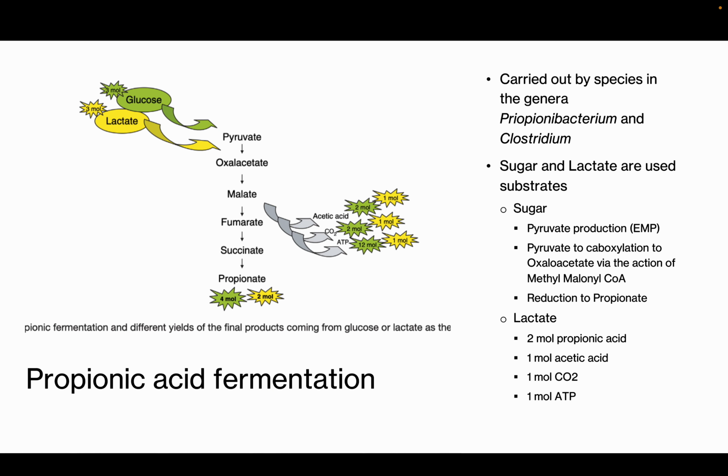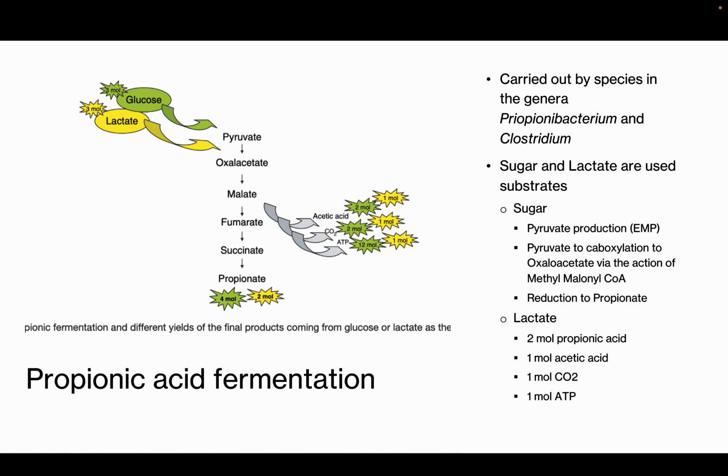Another example, another pathway I'd like to introduce, is propionic acid fermentation. Propionic acid fermentation is carried out by species in the genera Propionibacterium, which I think has been assigned a different genus name, now called Cutibacterium, and also Clostridium, which is a soil inhabiting genus.